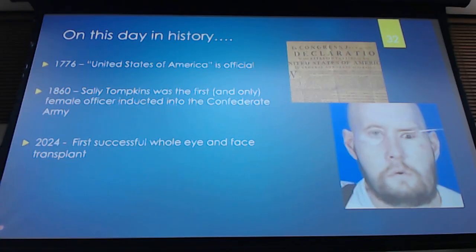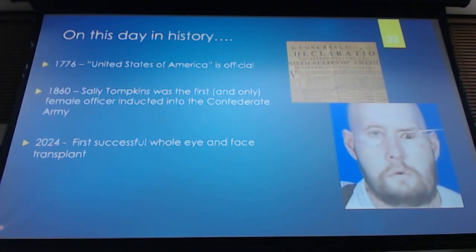And this is really cool. Anybody hear about this guy who's actually in the military, Aaron James? Anybody know about Aaron James and the face transplant? He was in the military, had a really bad electrical injury, and pretty much blew up his face. At New York's Langone Health, this was the first considered successful whole face and eye transplant. He lost his eye, his whole face was deformed. You guys can look up a picture.